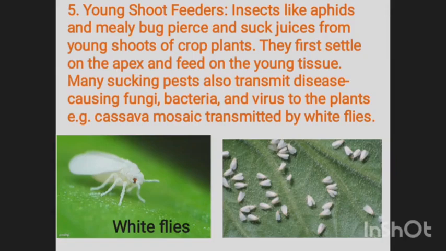An example is the cassava mosaic, which is transmitted by the white flies. As you can see on the screen, these are the white flies. Once they begin to pierce and suck the juice, at the same time they transmit this particular virus into the cassava plant, which is a viral disease that affects the cassava plants, thereby destroying them.